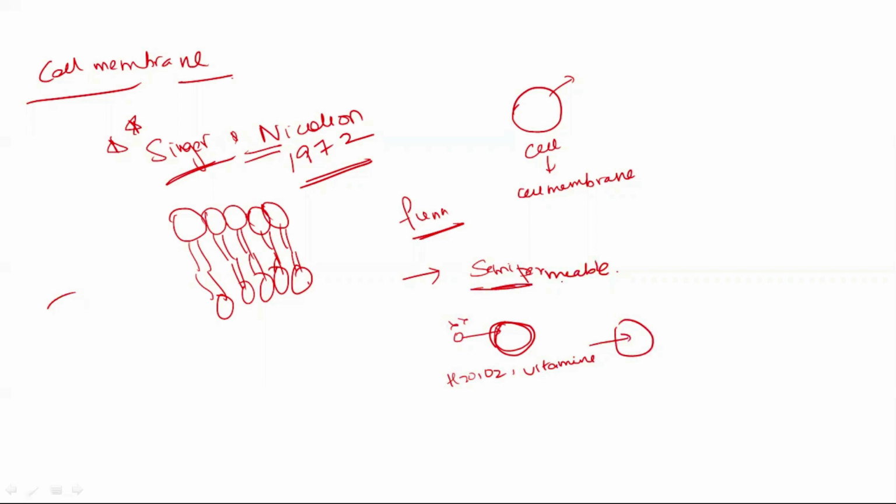That's because it is semi-permeable. So basically, it acts as a gate allowing transport of essential nutrients and movement of cells, and it even allows the cell to get rid of waste products.